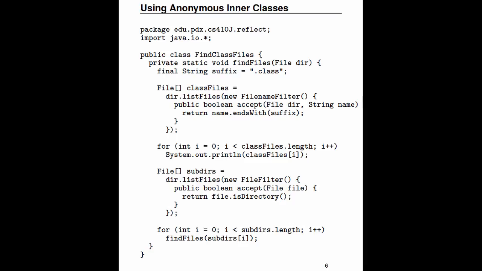We used a FilenameFilter to provide the logic for determining whether a file has a name that ends in .java. Similarly, we used a FileFilter to find all of the directories within another directory so that you could recurse.